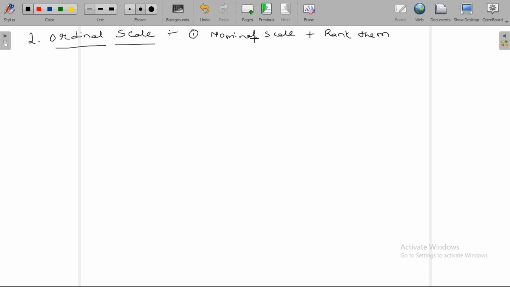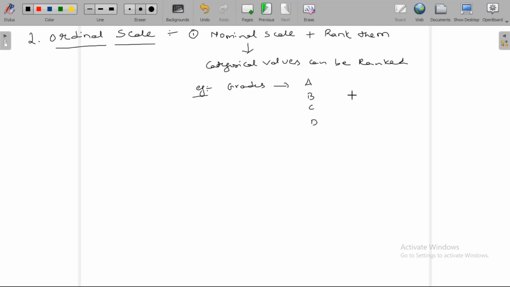And as I've said, some of the characteristics are, first, as I've told you, ranking is possible. When I say ranking is possible, can we have any mathematical calculations? Mathematical calculations are not possible.